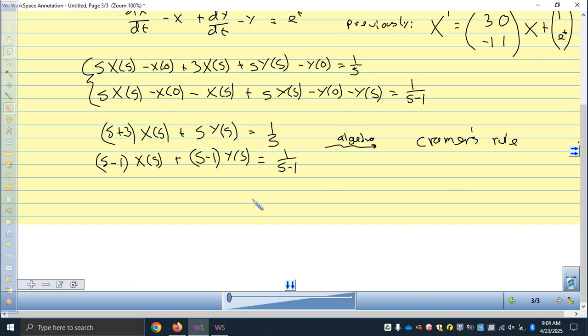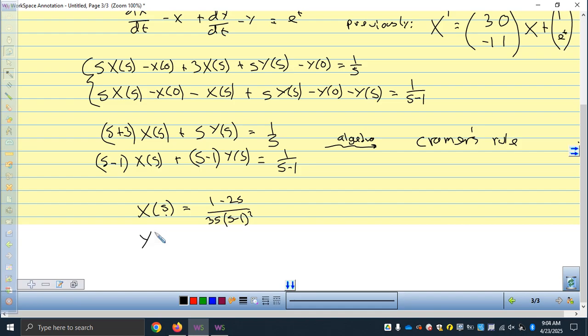After our algebra we get x of s equals 1 minus 2s over 3s times s minus 1 squared, and y of s equals 5s minus 1 over 3s times s minus 1 squared.